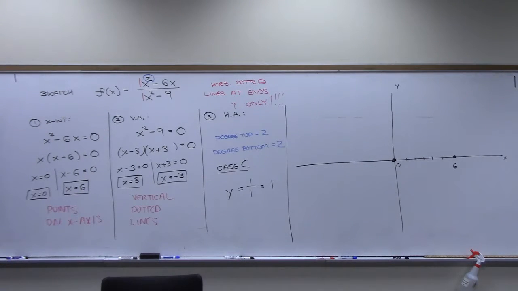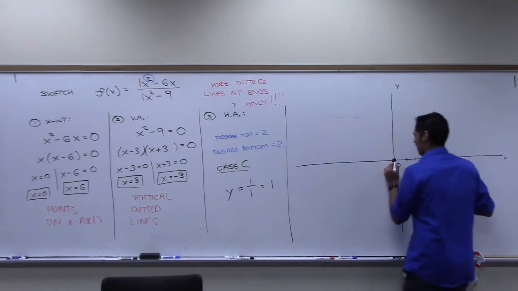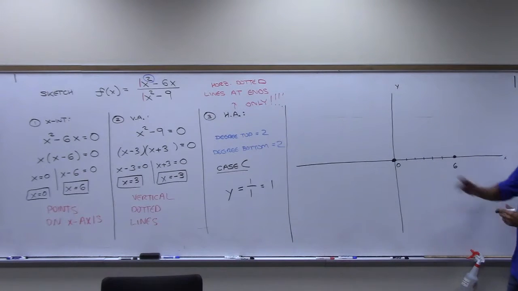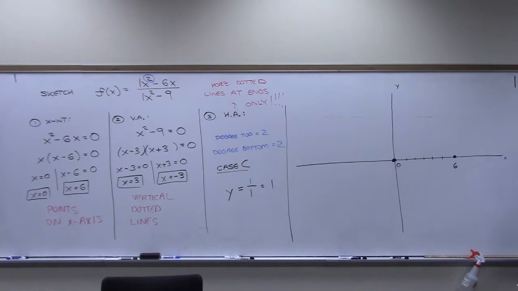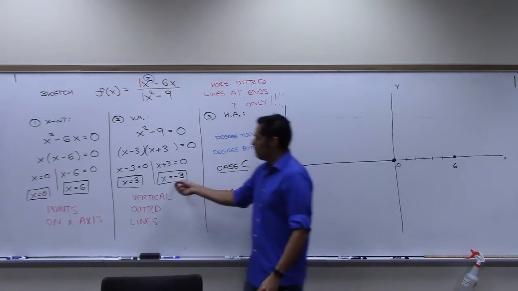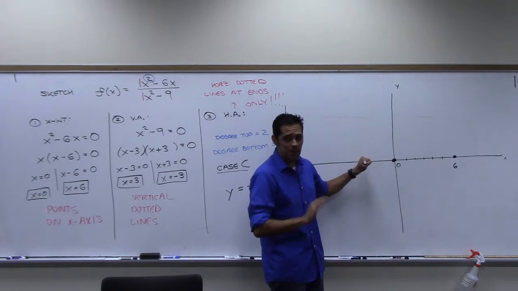This next step is the most important thing I'll tell you ever. All right, so we got that, x-intercepts. Now what? Vertical dotted lines. So make sure at 3 and -3 that you do not stick points here. That is going to confuse you.